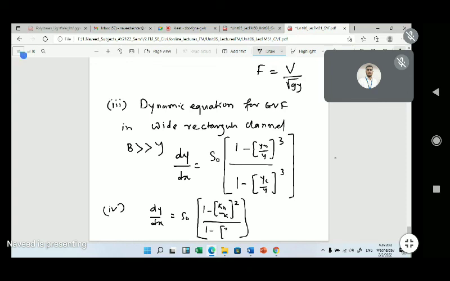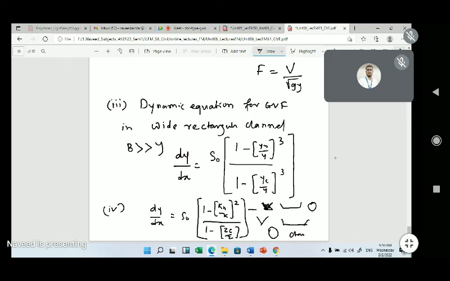So these are the dynamic equations for different types of geometry: triangular, trapezoidal and circular channel.